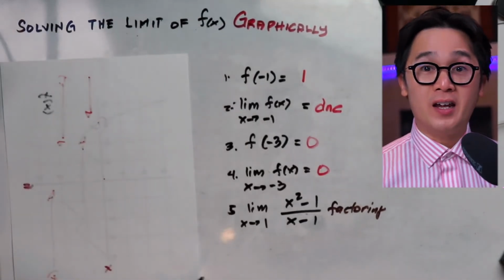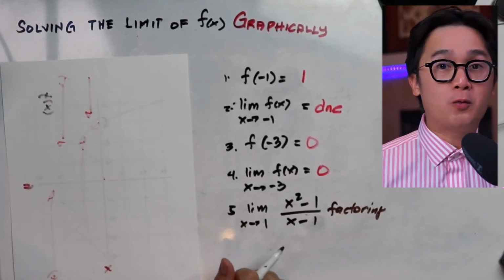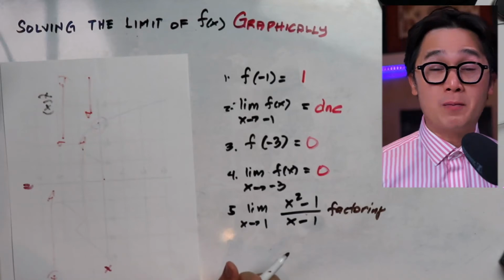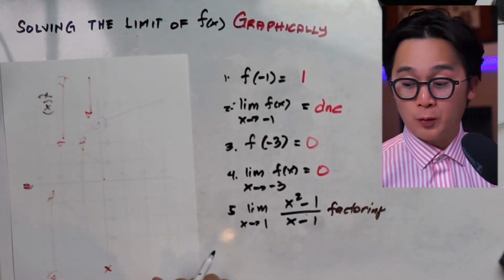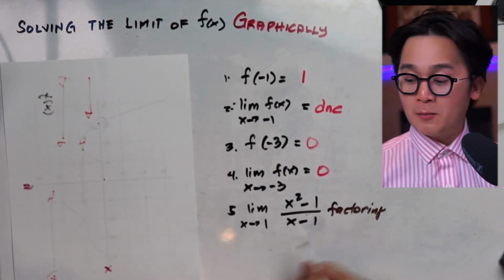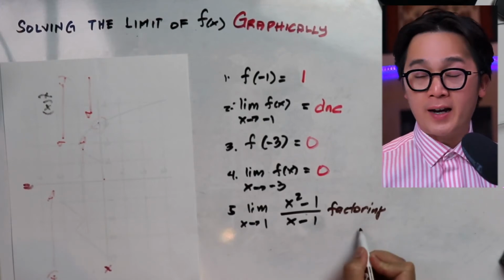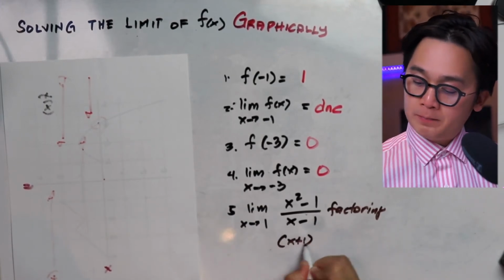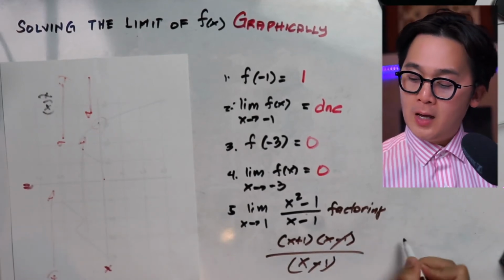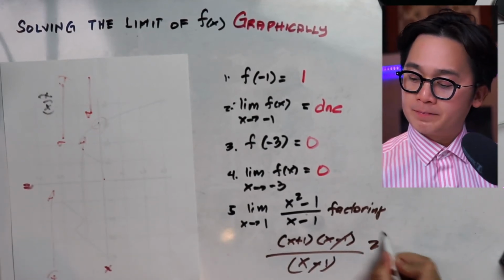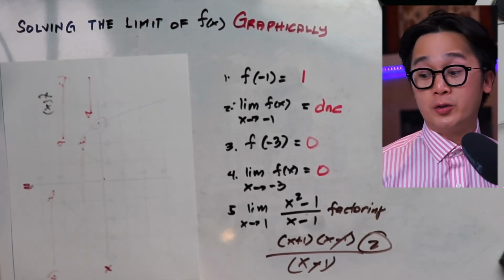So when the graph is not shown, our next resort is solving it analytically, either by factoring, simplifying complex fractions, and other algebra techniques. We know that this function by substitution will not exist, but using factoring, x plus 1, x minus 1, all over x minus 1, we know that this limit will exist at y equal to 2.